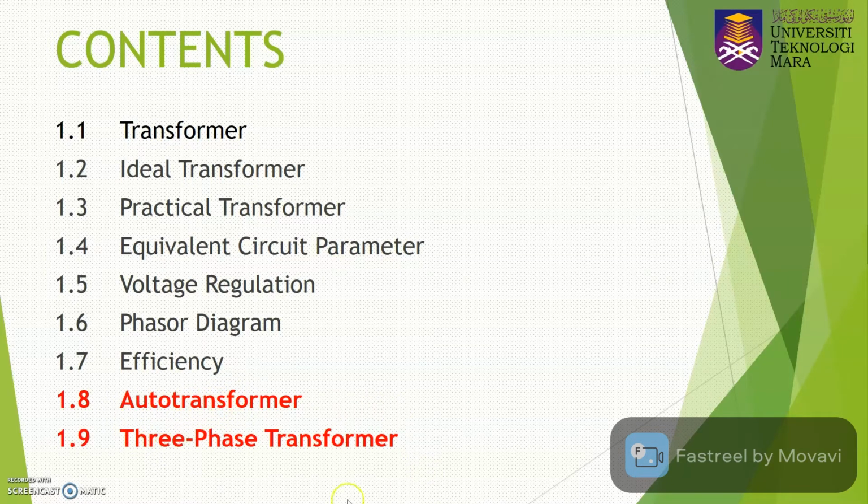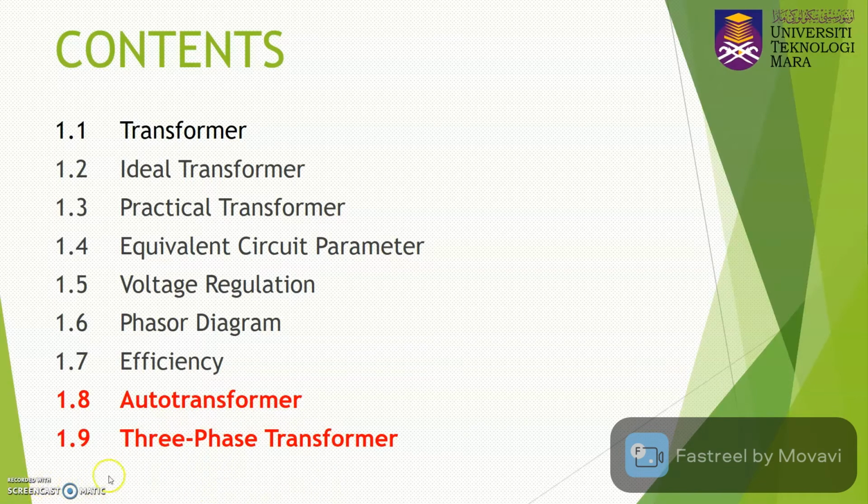Then for the three-phase transformer, we are going to see how to construct the three-phase transformer using a three-phase transformer bank, and then we will see the various types of configuration for the three-phase transformer bank, and also we are going to solve problems related to the three-phase transformer.